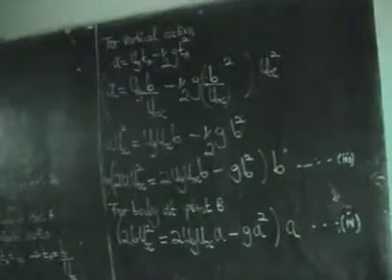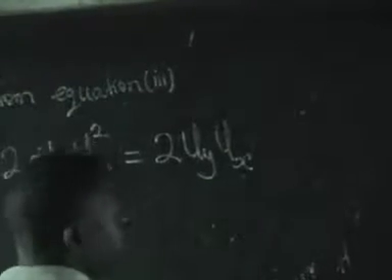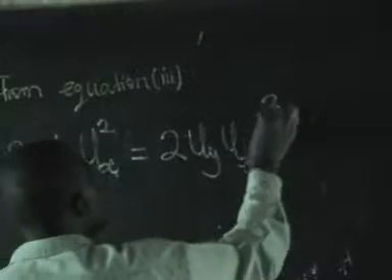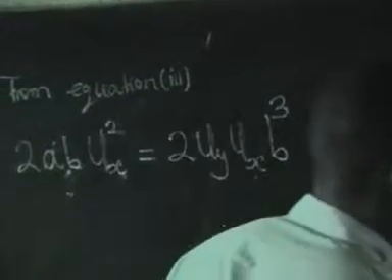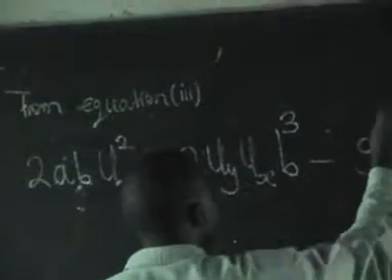So from equation 3, we are having 2uy ux b squared minus g b cubed.